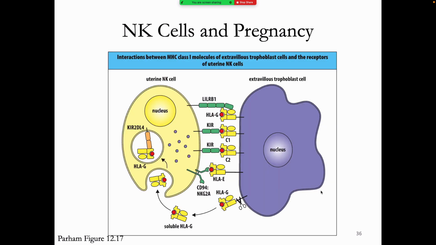But one thing just to point out here is that the cells in the placenta, which are shown here in purple, are covered with things that hit inhibitory receptors. So basically, if any NK cell comes anywhere near the placenta, that placenta hits as many inhibitory receptors as possible so that that NK cell gets lots of inhibition. And so that NK cell does not actually kill the placenta.